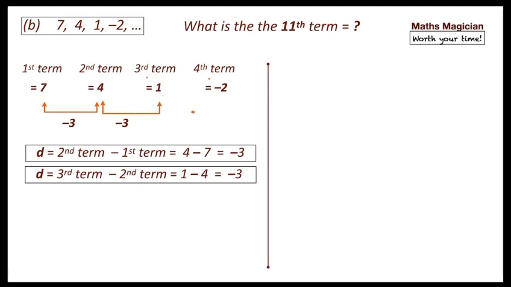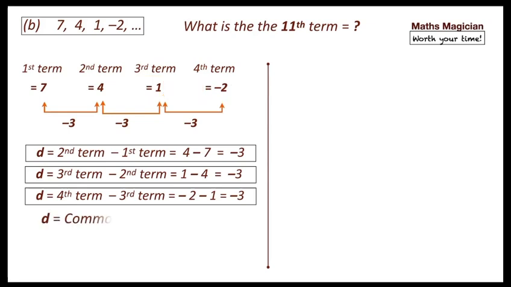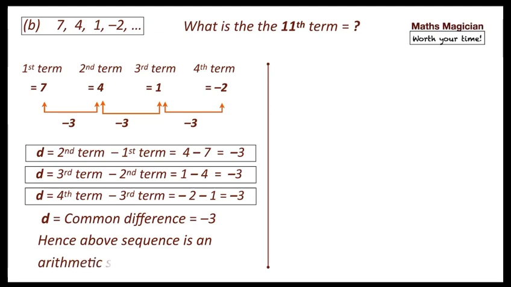In a similar way, the difference between third and fourth terms is d equal to fourth term minus third term, again minus 3. So the common difference for the given sequence is minus 3. Hence, above sequence is an arithmetic sequence.